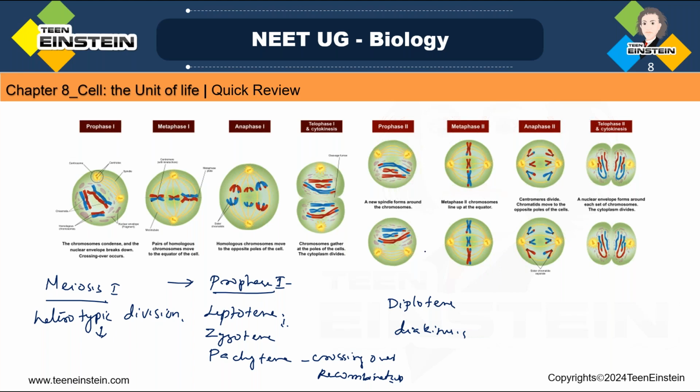Then next comes the diplotene stage. In the diplotene stage, you can see the bivalent chromosomes, and here the chiasmata, which are the sites of crossing over, also appear strongly. One important point about diplotene: in the oocytes of some vertebrates, this diplotene stage may last for many months or years.